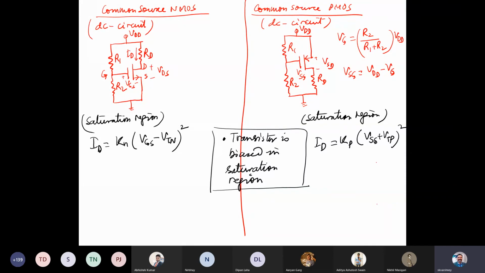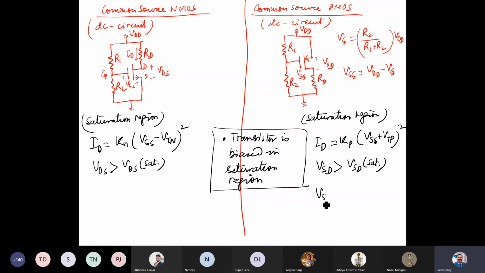And what are the other conditions I mentioned? VGS is greater than VTN. We are always assuming that the transistor is on. For the saturation region, VDS has to be larger than VDS saturation. In the same way here, VSD has to be larger than the VSD saturation voltage.